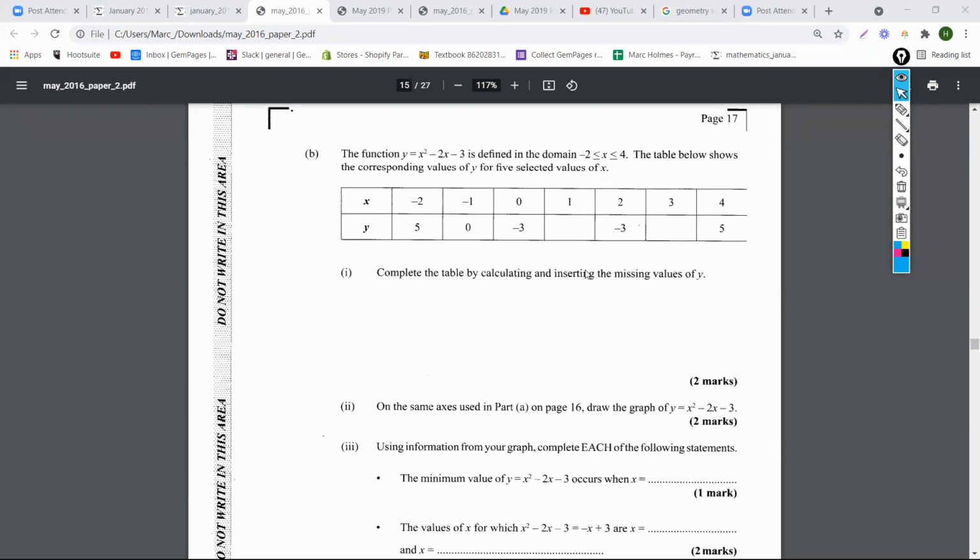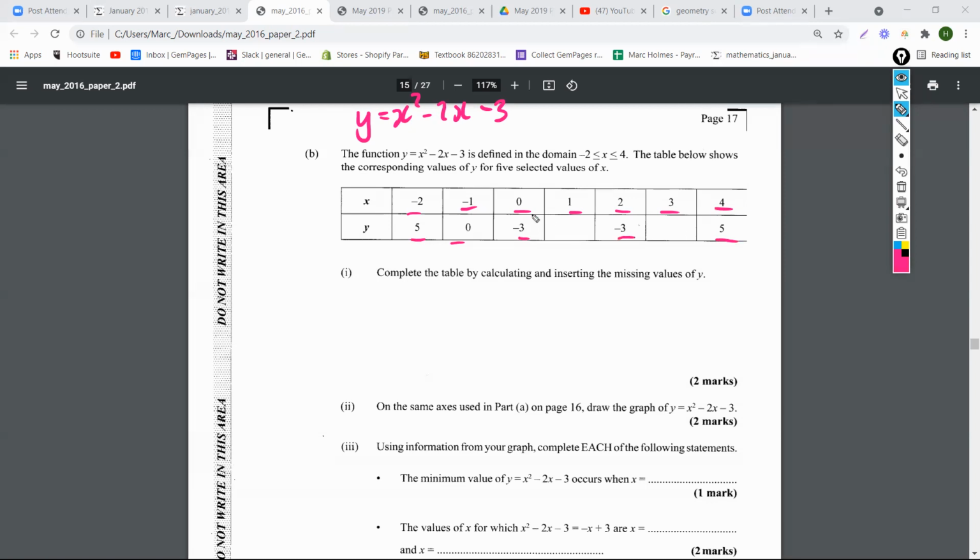So this one, guys, it says the function y is equal to x squared minus 2x minus 3 is defined in this domain. It says determine the corresponding values. Guys, this is a very easy question, believe me. These are the values for x, and they give us some of the answers already for y.